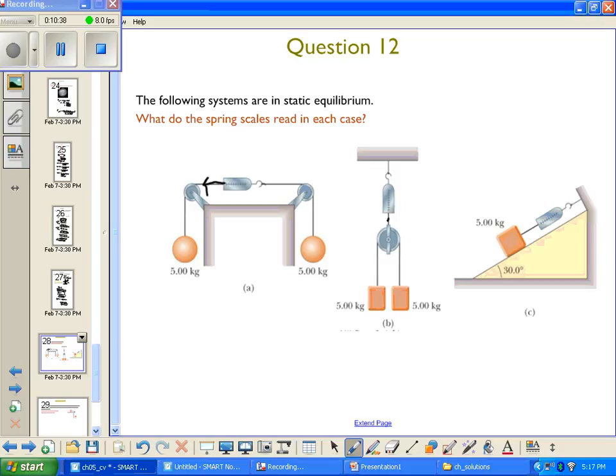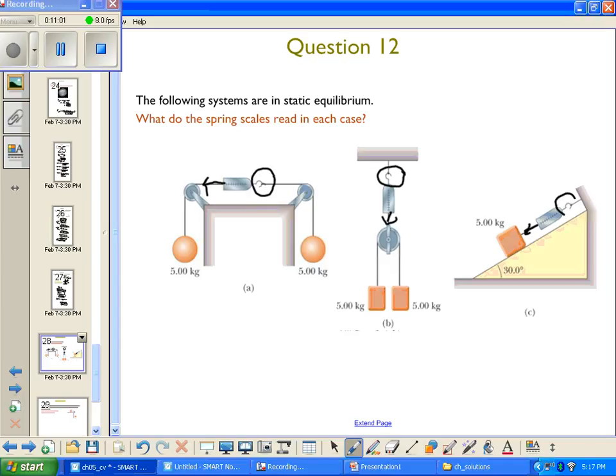That is where the spring is being pulled, either in this case to the left, or in this case downward, or in this case here at an angle that matches that of the incline. So we don't care what is happening on the other end of the spring scale, where it's being supported.